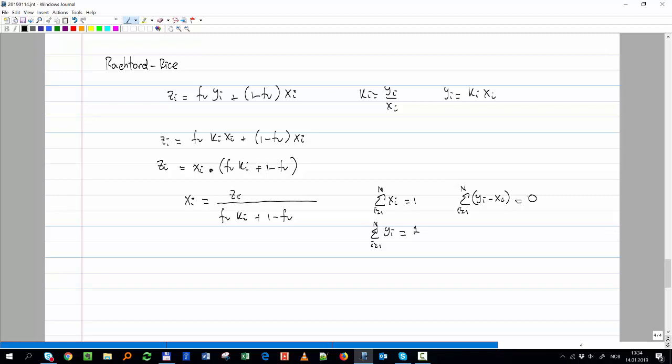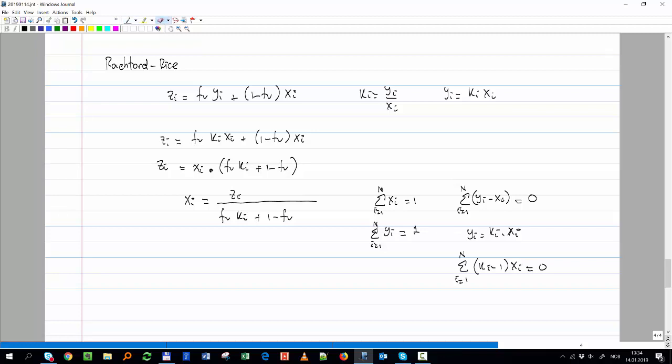But at the same time, I know that this yi will be ki times xi. Okay, therefore, I can say that the sum from i equals 1 to n of ki minus 1 times xi will be equal to 0.